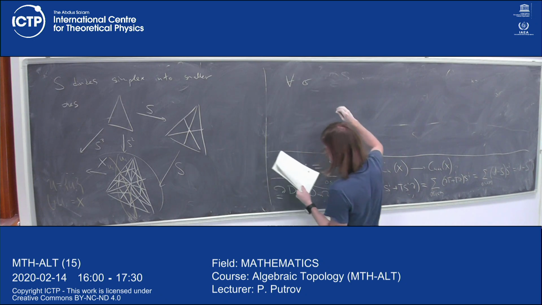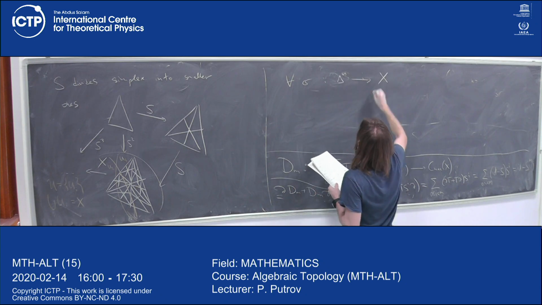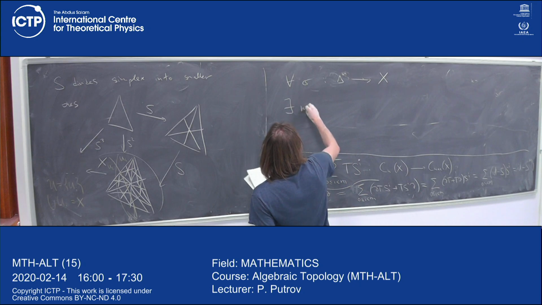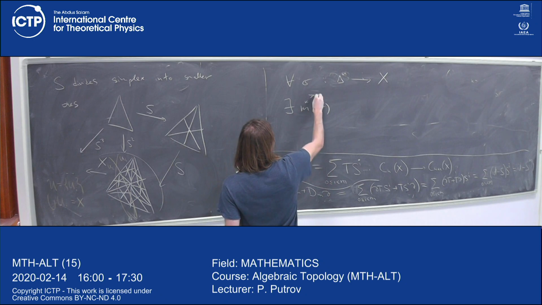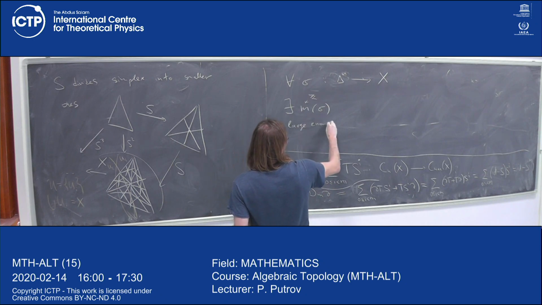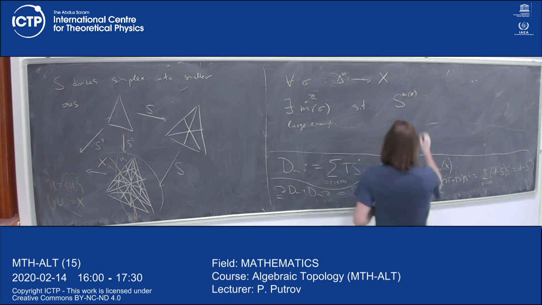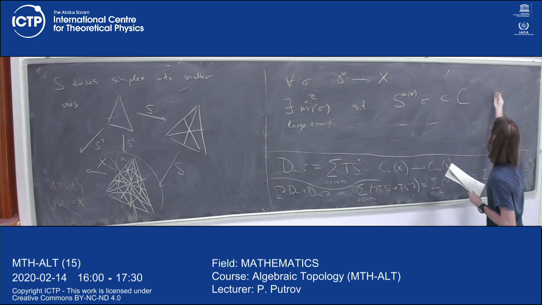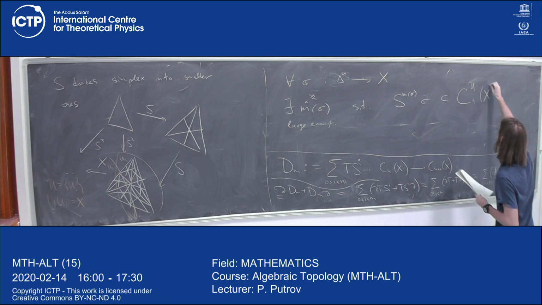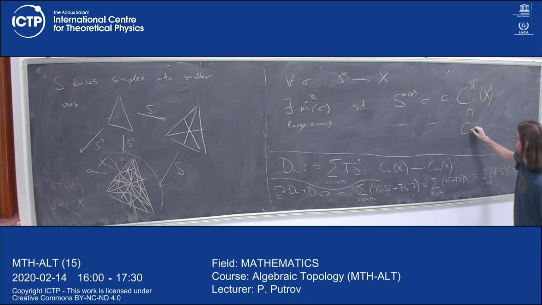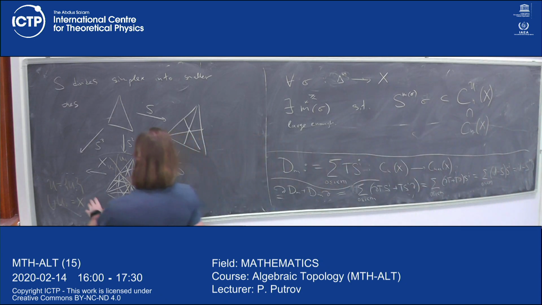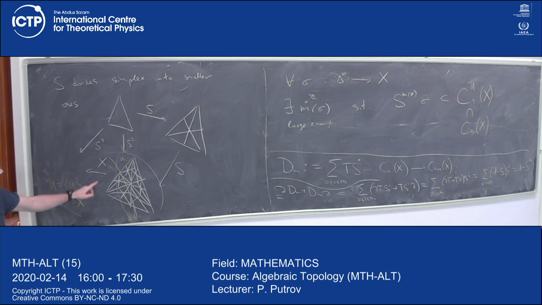The point is the following: for any σ, for any singular simplex in X, there exists M depending on σ, some integer number large enough, such that S to this power M acting on σ will be inside our modified chain complex, which is a subgroup of Cn of X. Here I remind you, this is the Abelian group generated by singular chains whose image is completely inside one of the subsets in this cover. So by taking M large enough, I can always be sure of that.